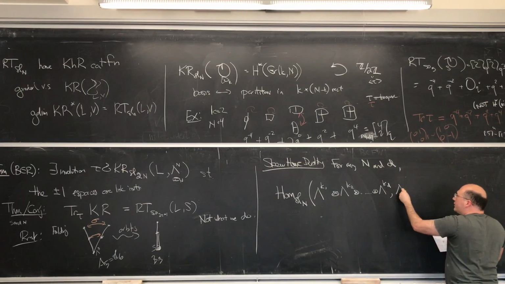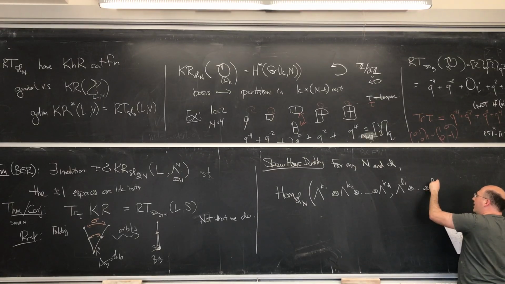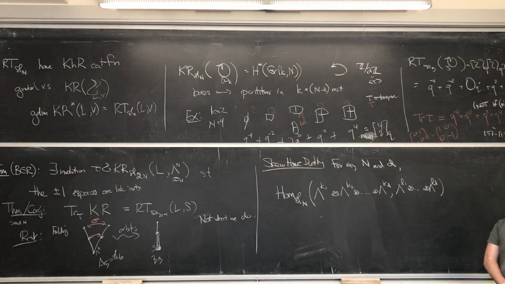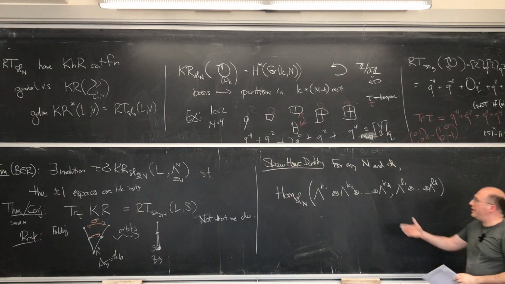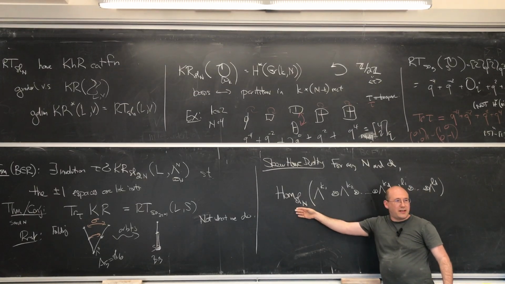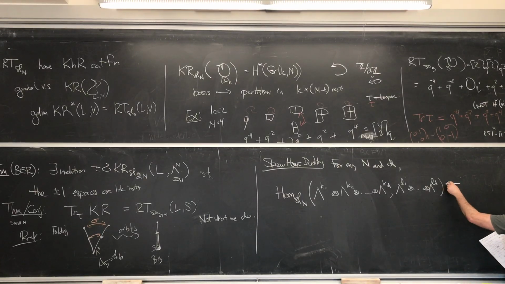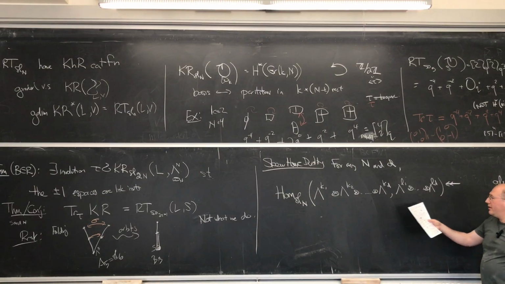And I will get homs from that to another d-fold tensor power. And I'm interested in Homs from this d-fold tensor power to that d-fold tensor power as representations of SLN. The statement is that there is actually an action of GLD on this space.